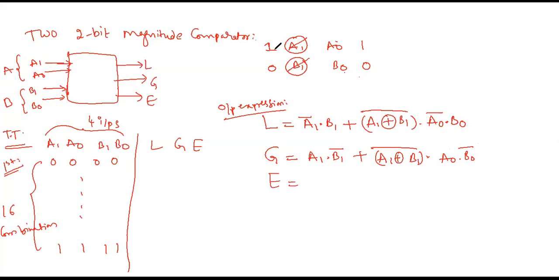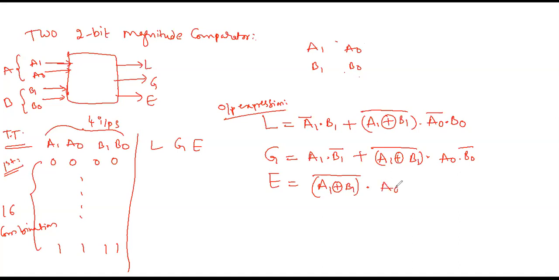Next, equal. When we say A is equal to B, if A1 is equal to B1 and A0 is equal to B0, we say both are equal. Equal means XNOR. So A1 XNOR B1 into A0 XNOR B0. In this case only, we will say both are equal.